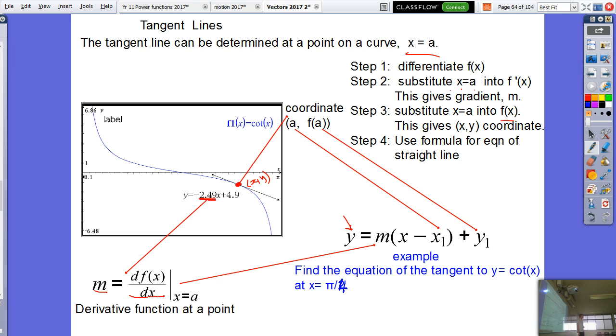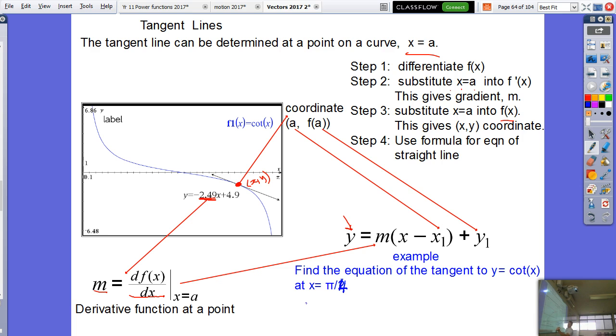What happens at tan of pi on 2? Undefined. Yeah, let's avoid that. Alright, so let's say pi on 4.